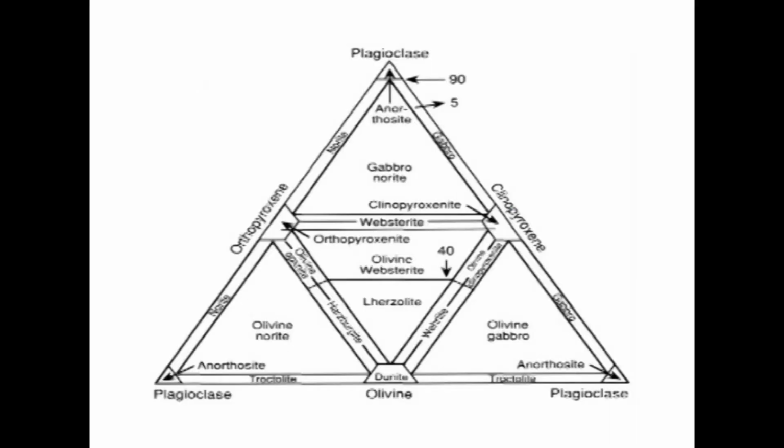If you will join the ultramafic rock classification, that is based on olivine, orthopyroxene and clinopyroxene, with the basic classification, that is olivine and orthopyroxene line with the triangular diagram with your olivine, orthopyroxene and plagioclase.